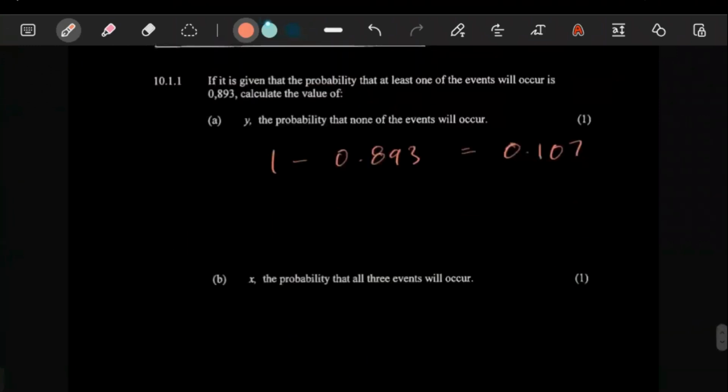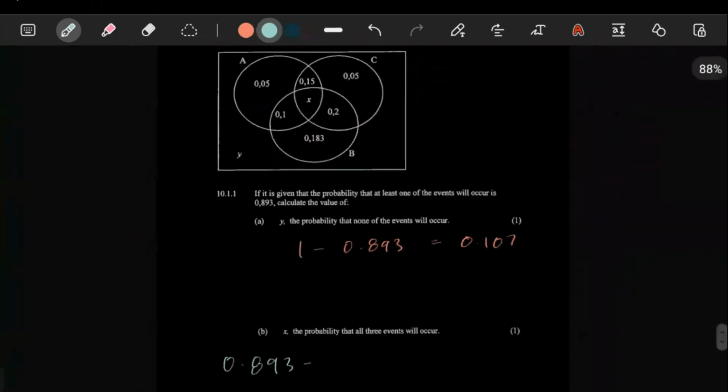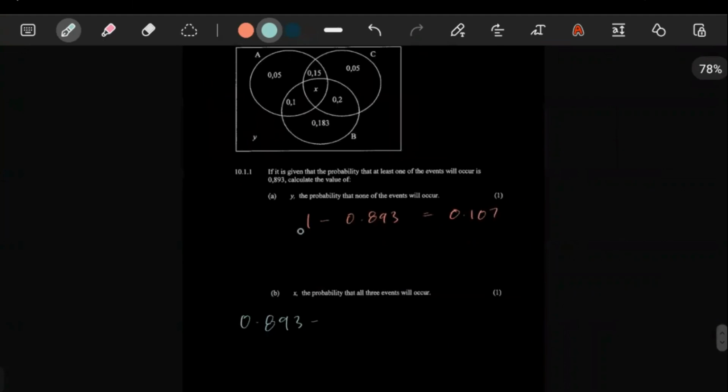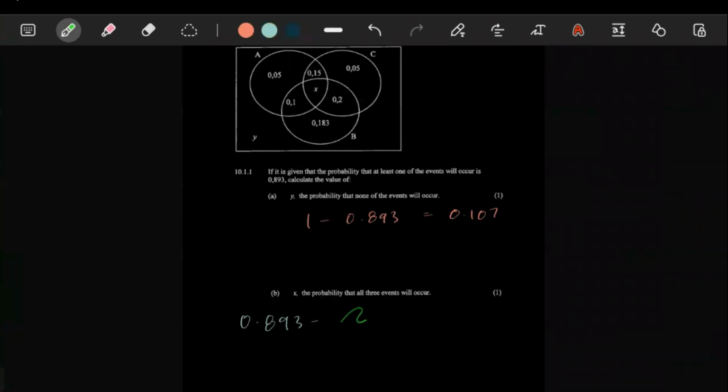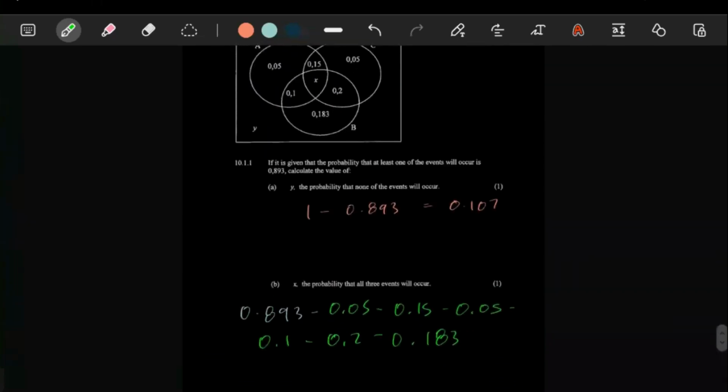So let's do that. 0.893 minus all these other numbers here: 0.05 minus 0.15 minus 0.05 minus 0.1 minus 0.2 minus 0.183.